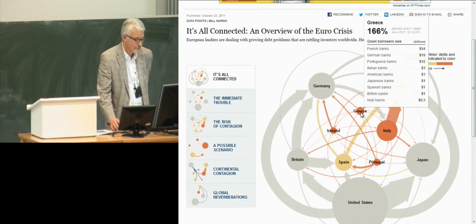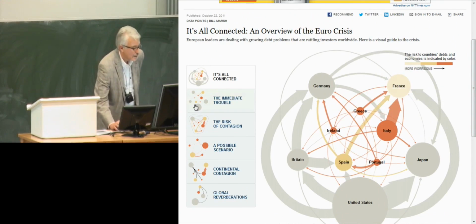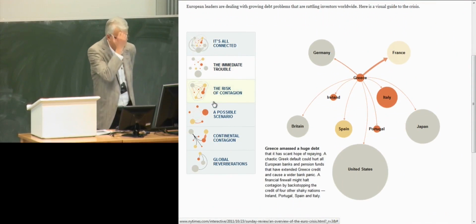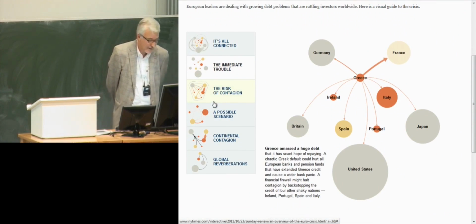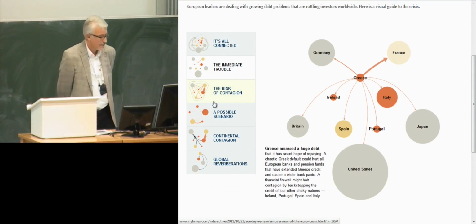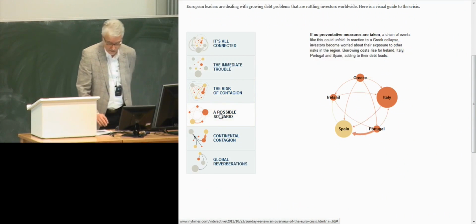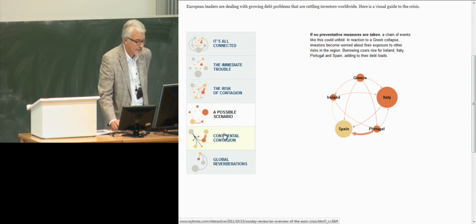And here these lines show you the whole system. And the trouble is that a country like Greece amassed a huge debt that it has scant hope of repaying. It can't repay, though the country has to be rescued. There are several scenarios. I can't go into this in detail because of our time restrictions.